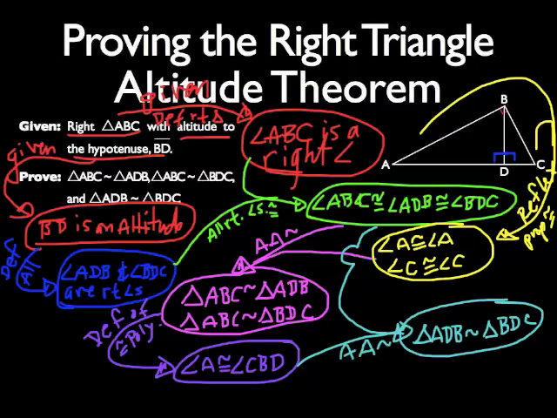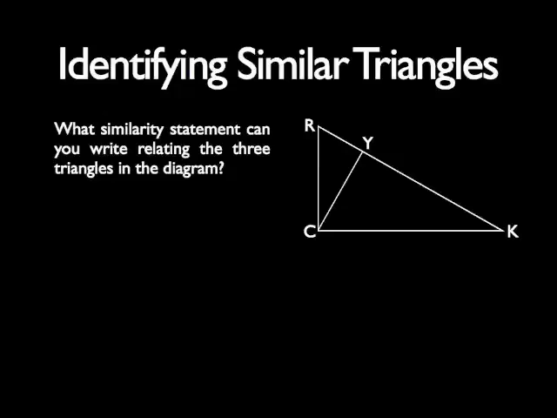So you'll notice that we are now done. We have proven the first part, that triangle ABC is similar to triangle ADB, and triangle ABC is similar to triangle BDC. And then, because of the definition of congruent polygons, we got another pair of congruent angles. So now we can say that triangle ADB is similar to triangle BDC. All done.